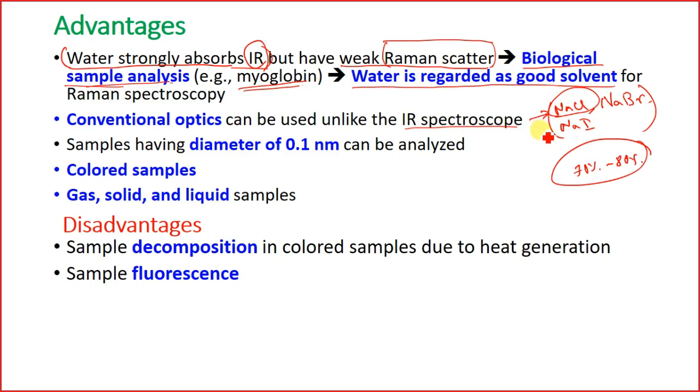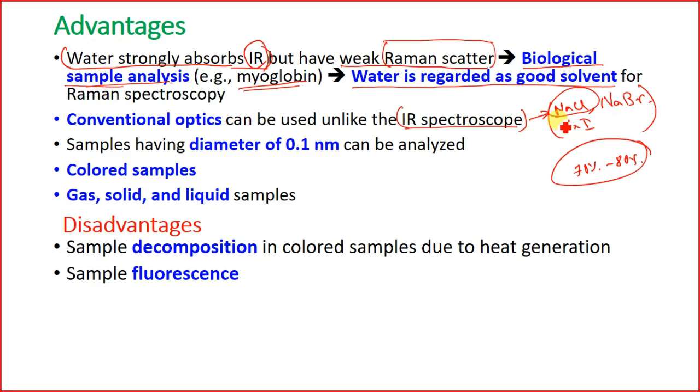However, as you all know, if you keep sodium chloride, your table salt, in an open container, especially during the rainy season, you will find it absorbs a lot of water. So it is hygroscopic in nature. When you are working with IR spectroscopy, you have to be very careful to save these optics in a proper way, otherwise the spectroscope will be damaged.